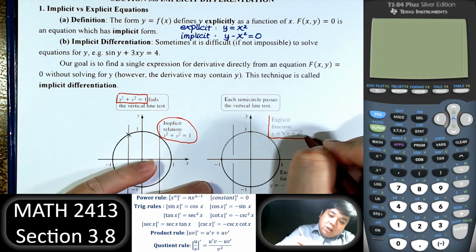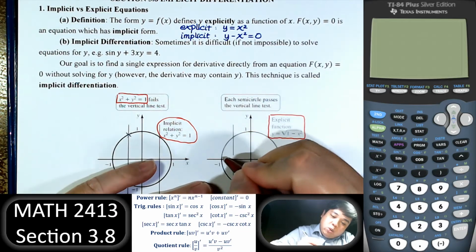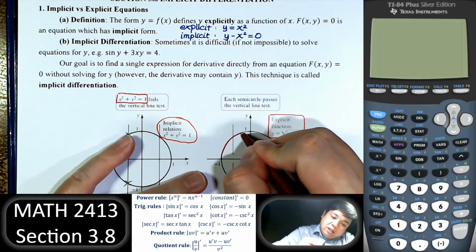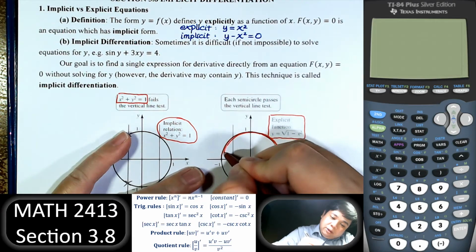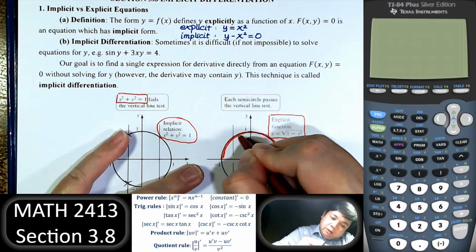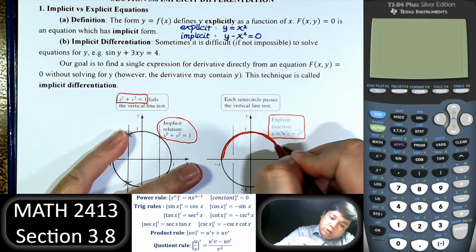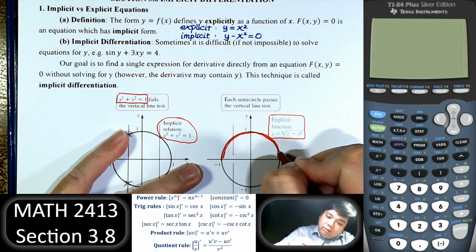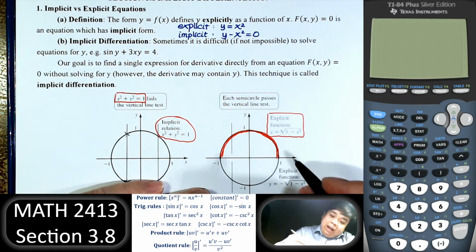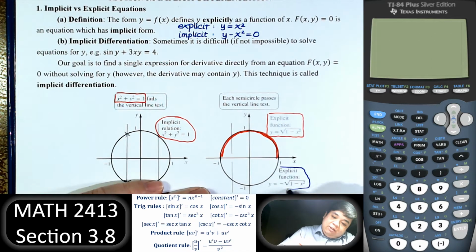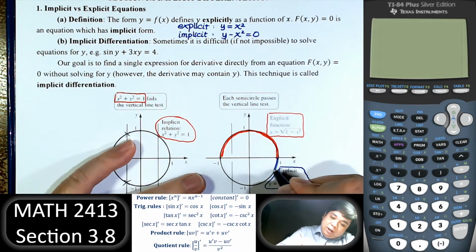One of them is y equal to the square root of 1 minus x squared. In that case, this is the top. That is y equal to the positive square root of 1 minus x squared. And then if I want the other half, I will have this one, the bottom half.